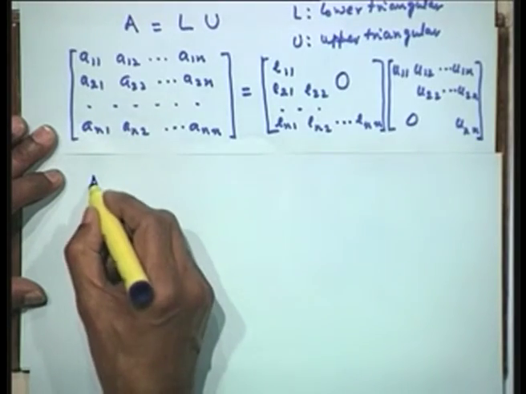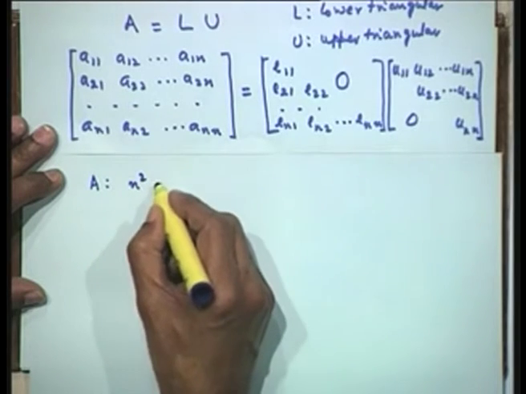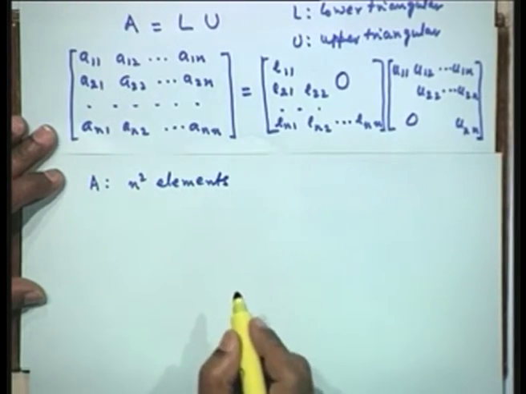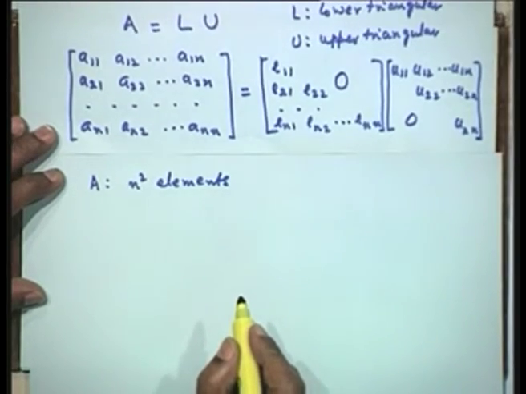If you look at the number of elements on the left hand side, A has n square elements.